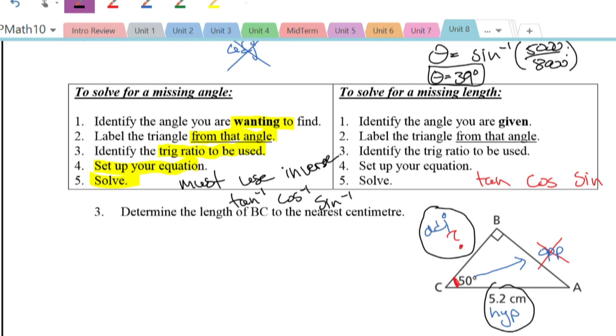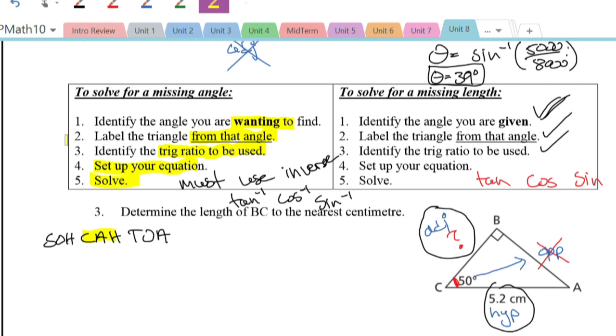So that's the third step here. We identified the angle we were given. That was angle C down on the bottom. Labeled the triangle, did that. Identify the trig ratio. Adjacent to hypotenuse. I'm going to write out SOHCAHTOA and figure out adjacent hypotenuse.